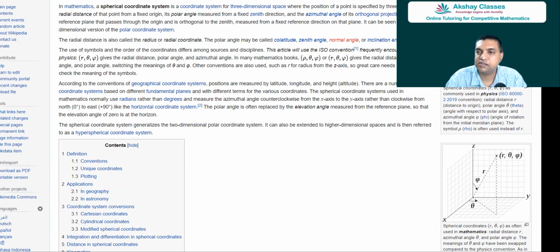And theta is the angle made by this vector joining the origin to this point with the z-axis. So this is called the polar angle with respect to the polar axis.